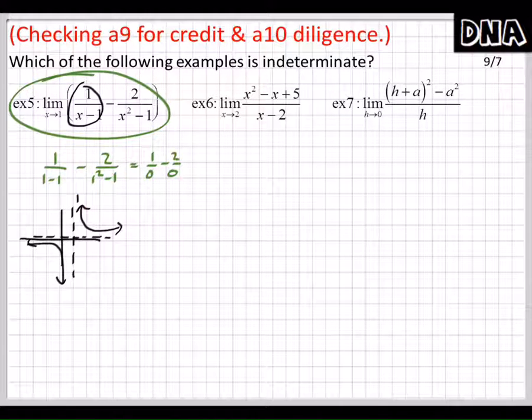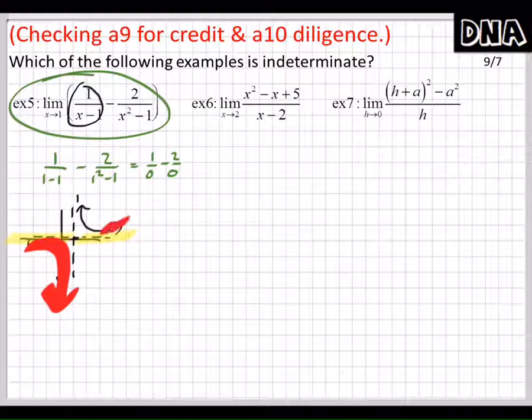There you have it. Now, if I approach 1 from the left-hand side, what is the function doing? It is decreasing a lot, right? It's going down, down, down, down, down to negative infinity. If I approach it from the right-hand side, what's my function doing? It's going up to positive infinity.